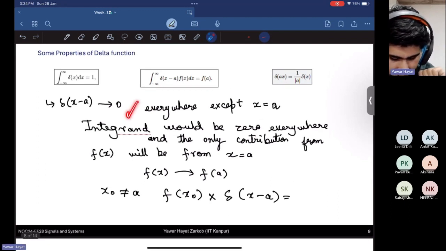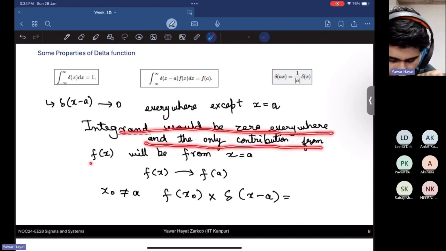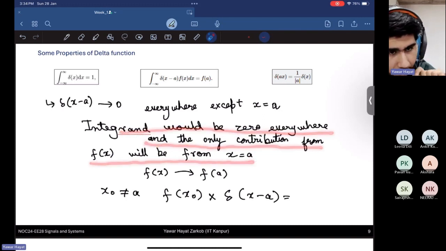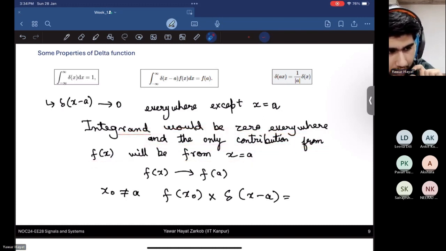As a consequence, the integrand would be 0 everywhere, and the only contribution from f of x will be from x equal to a. Do you agree with me on this? Yes, sir.